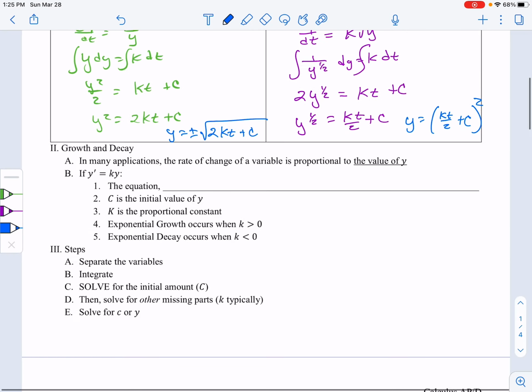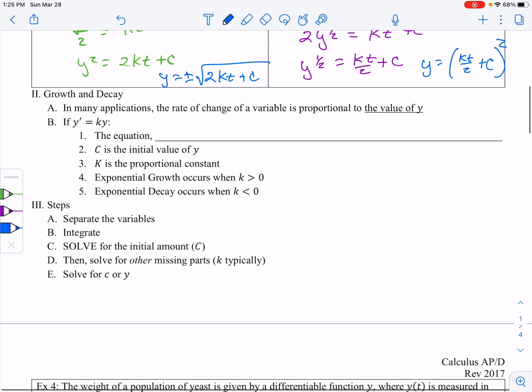Okay. In many growth and decay problems, the rate of change of the variable is proportional to the value of y. So we're going to start with this right here, and I'm going to work it right here. dy dt is equal to ky. You end up with 1 over y dy equals k dt, and you integrate.